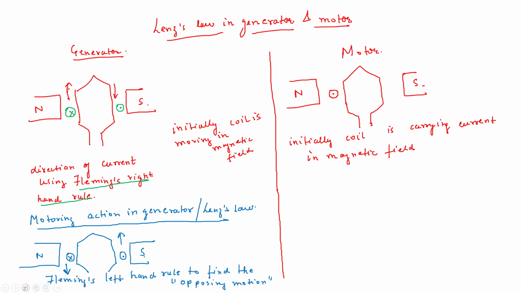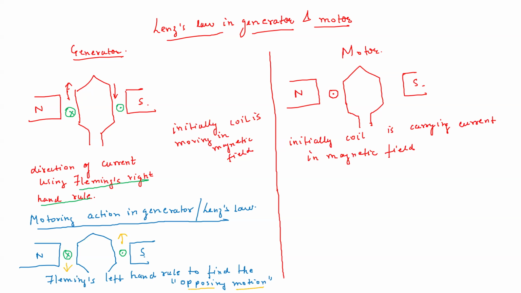Now for the motoring action in the generator, we have this cross and dot experiencing force in the opposite direction of the initial force. The initial force was upwards here, so the force we found out here is downwards. And this is upward. So this is opposing motion.